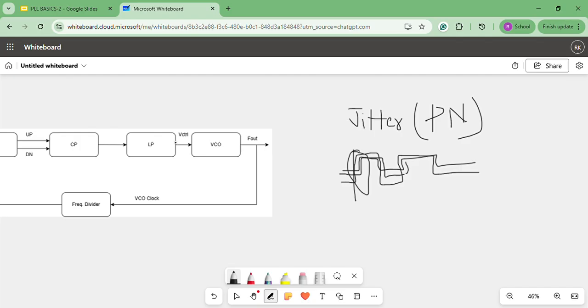V control is a voltage input and F out is a frequency output. So in this case, the gain of the VCO will have a unit of hertz per volt. Correct.